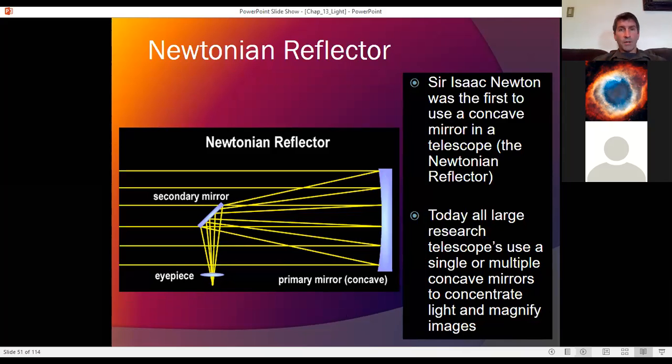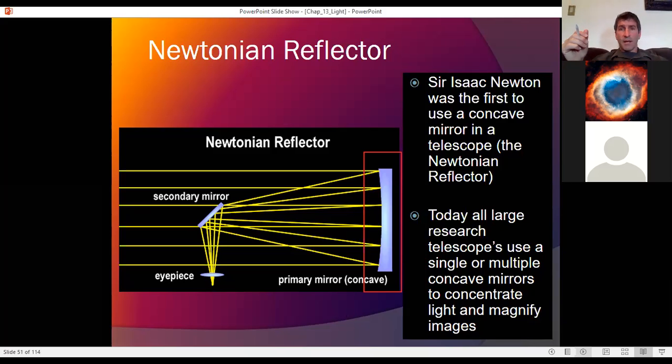And this is known as the Newtonian reflector. It was really quite ingenious. He would grind a piece of glass, smooth, concave, just like you would for any telescope. But instead of using the glass as a lens, he coated the glass, I believe with mercury, which is a reflective metal.